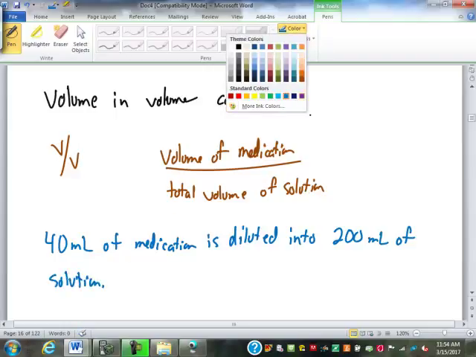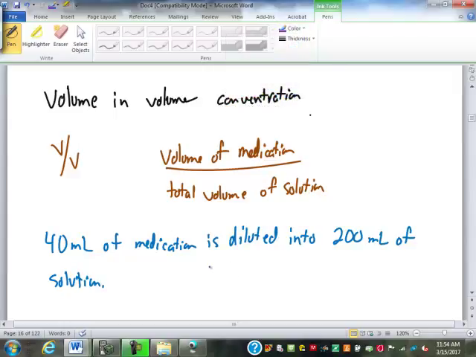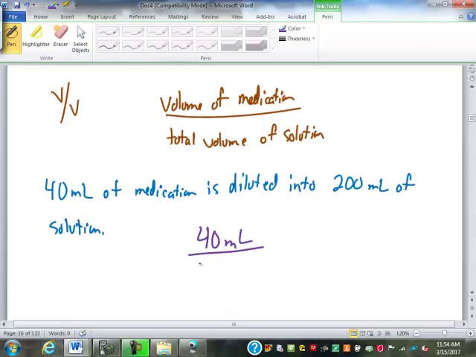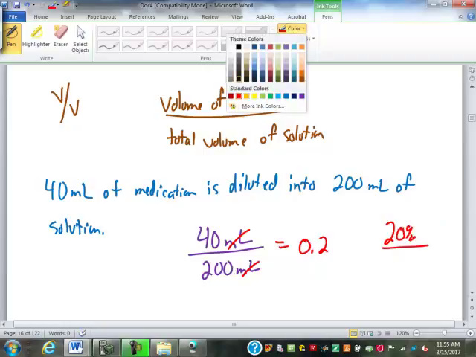So the concentration there again would be the volume of the medication, 40 milliliters, over the 200 milliliters of solution, which is the total volume of the solution. Milliliters cancel. We divide that out. Once again, we get 0.2. I seem to be stuck in a rut on my examples today. That would be a 20% solution again.